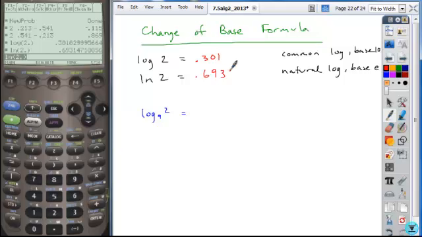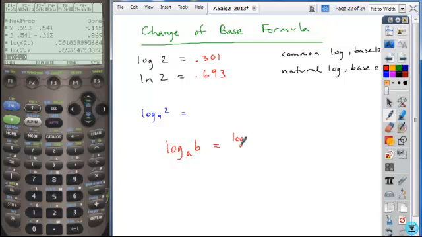Okay, so what happens when you're dealing with a base that's neither 10 nor e? So let's say the log base 9 of 2. If that's the case, you can use what's called the change of base formula. The change of base formula fits the following pattern. If you have log base a of b, you can evaluate this by using either the common or natural log, the ratio of the common or natural log of what's inside the log to the base of that log.